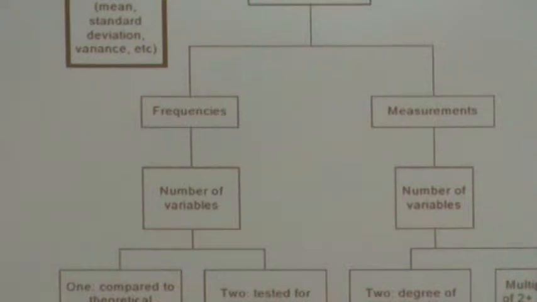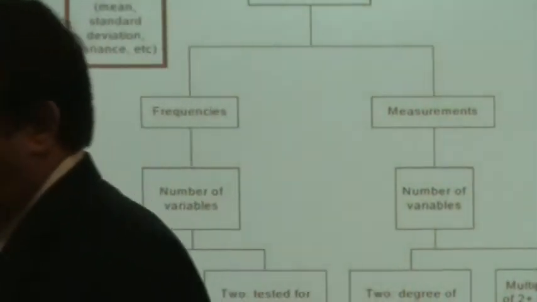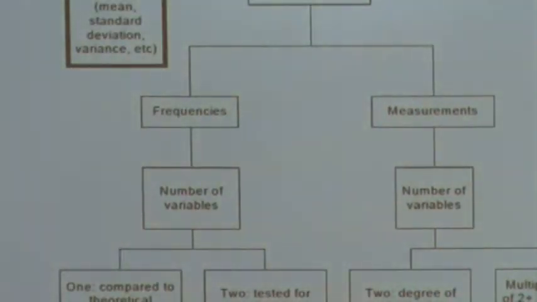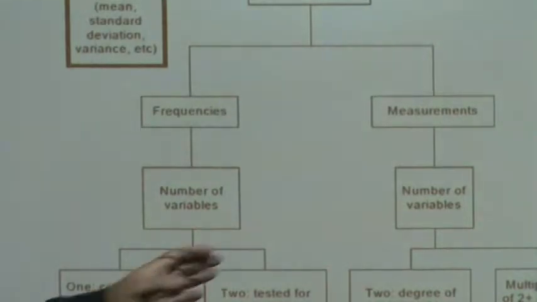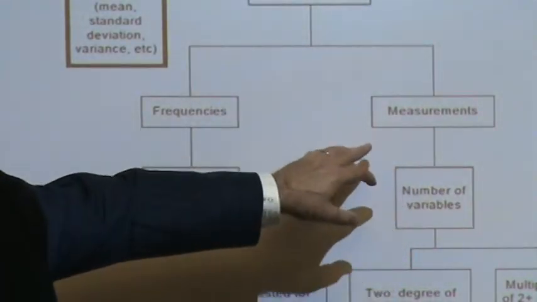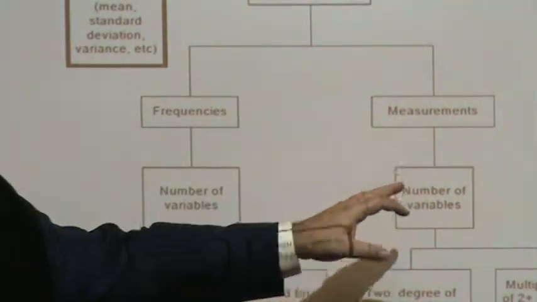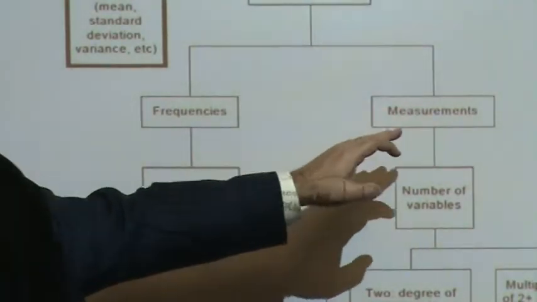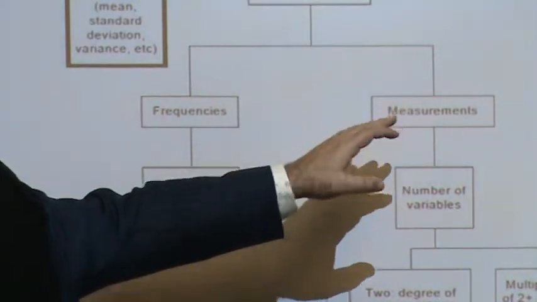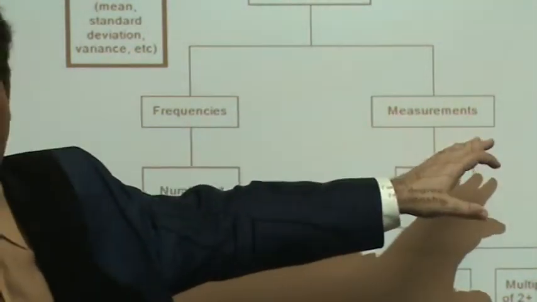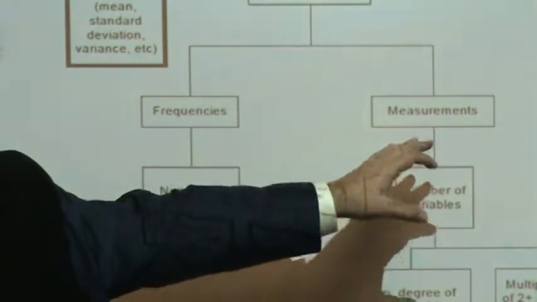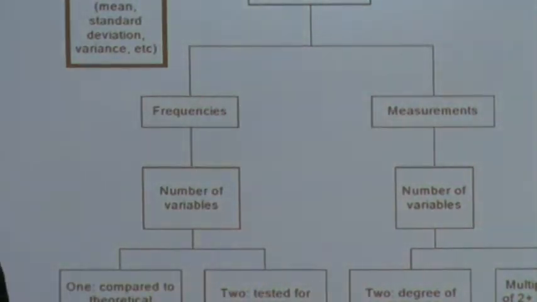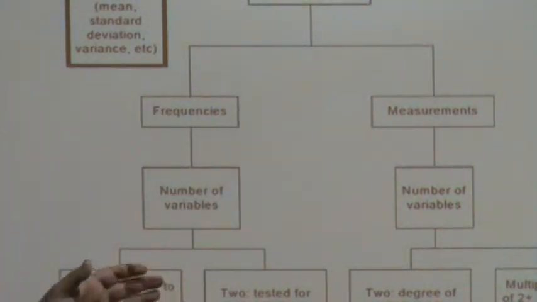For example, how many Christians are in the program? How many Jews are in the program? Those are frequencies. Or you could have measurements. You could ask a question like, what is the IQ score of people in one program versus another program? Okay, stuff like that.